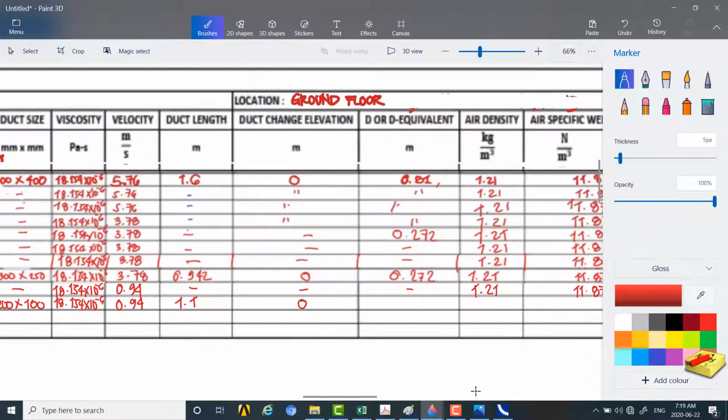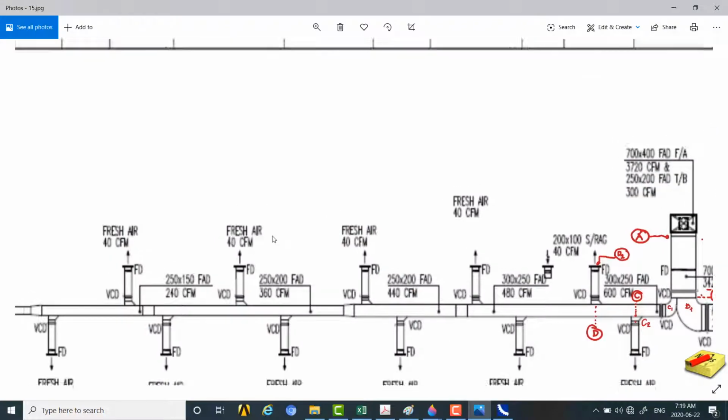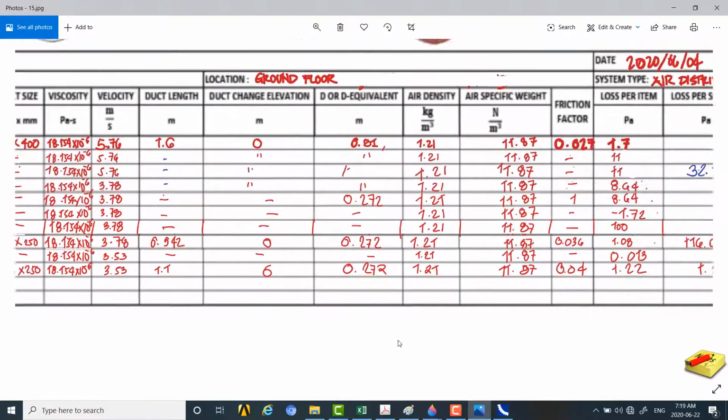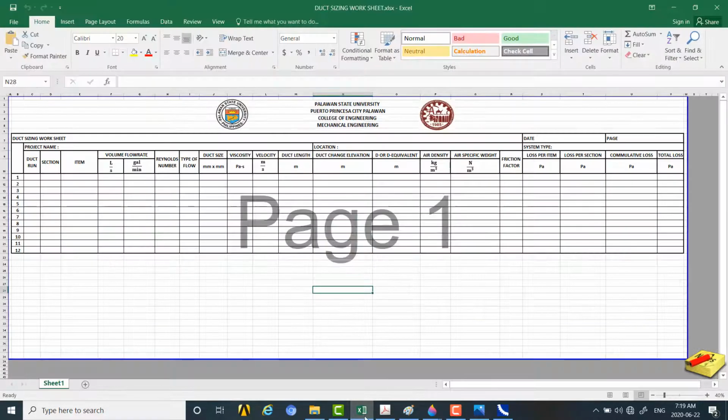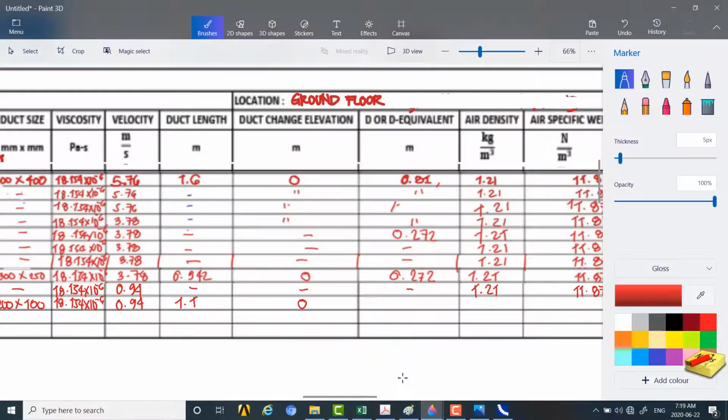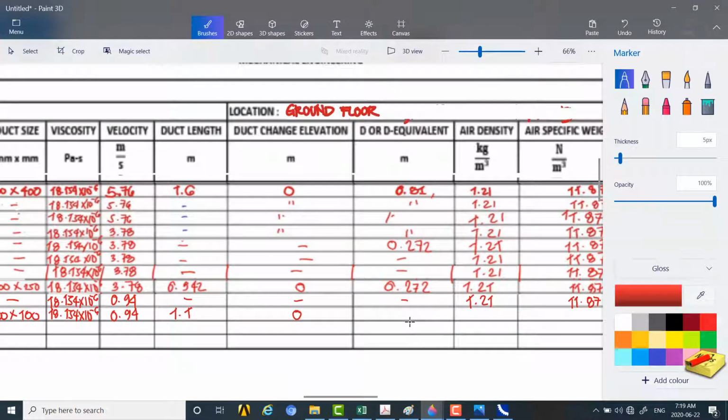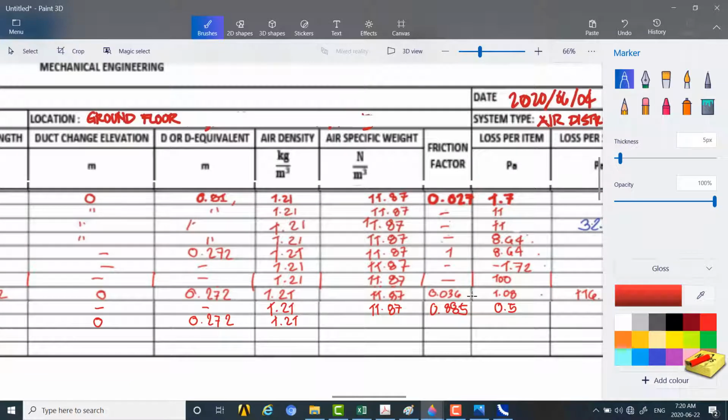Then the D equivalent, we can use also that one. Okay, referring to that duct 1.1, your D equivalent is 0.272. And we have the density again the same, 1.21. Then we have your specific weight also the same, 87, and the friction factor.